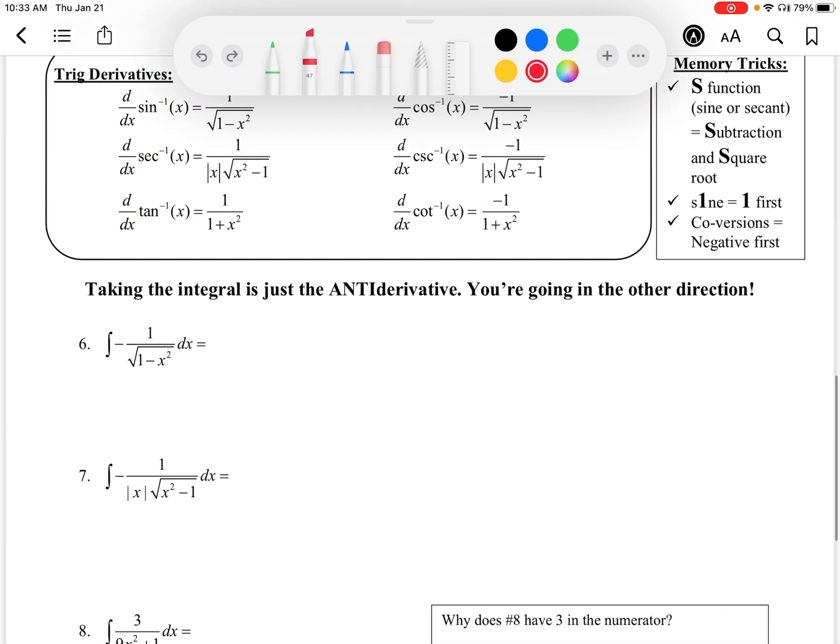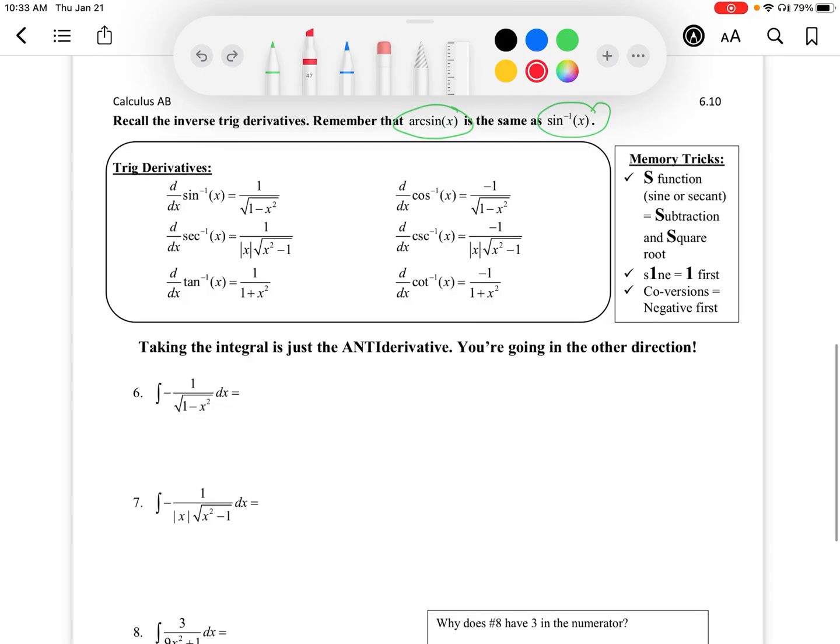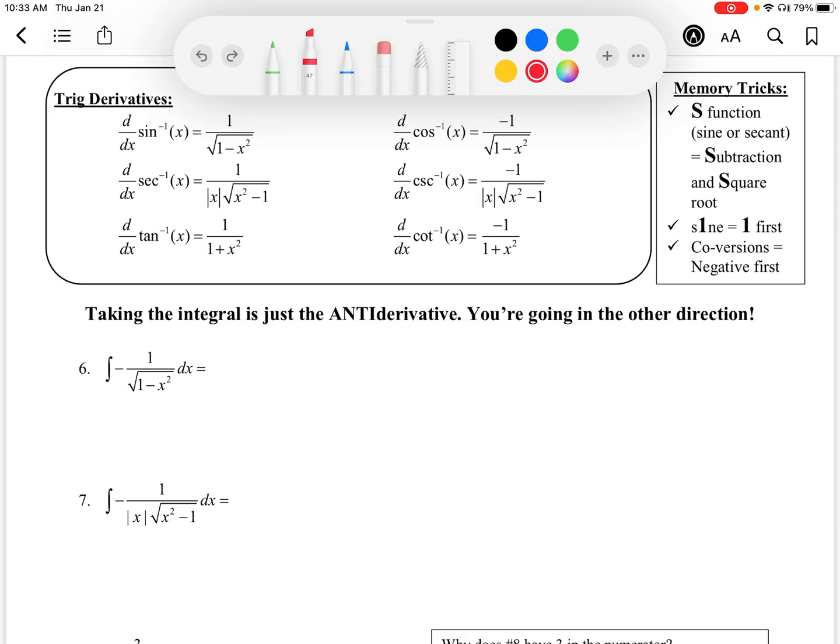Okay, so taking the integral is just the antiderivative. So now we're just going to go in the other direction. So if I'm looking right here, I've got a negative, so that means I'm looking at cosine, cosecant, or cotangent. It's got a square root, so it's not going to be cotangent, but it doesn't have an absolute value, so it's not going to be cosecant. So this one is just going to be cosine.